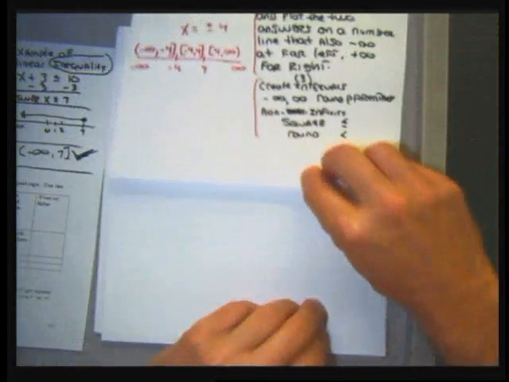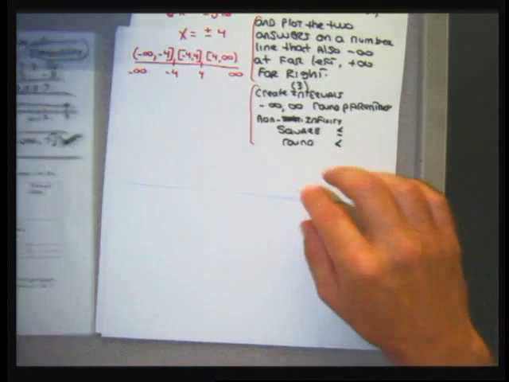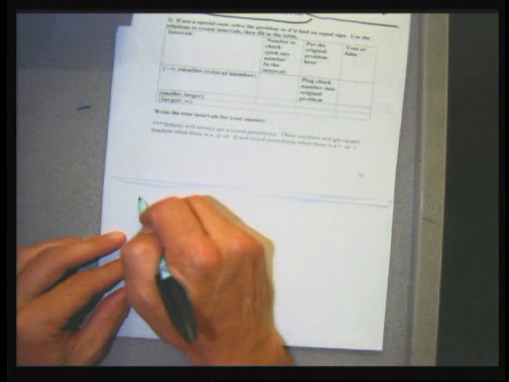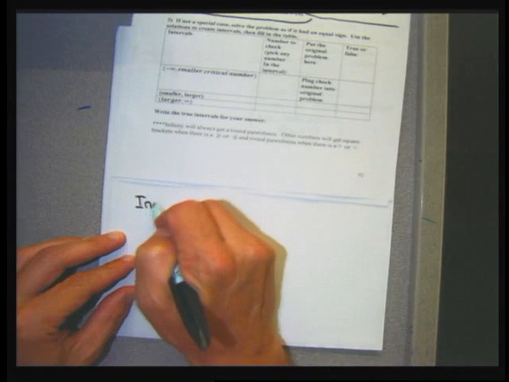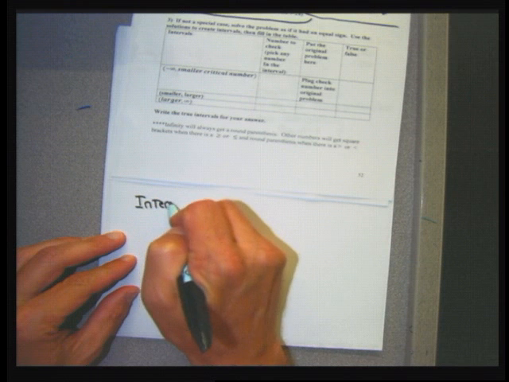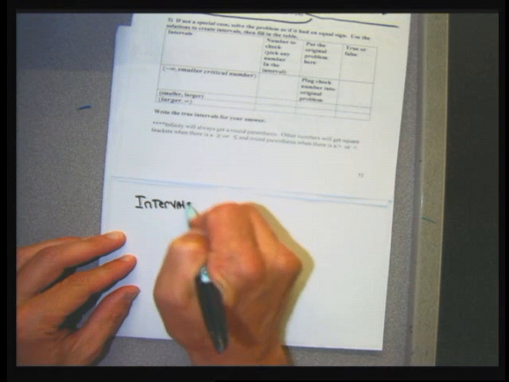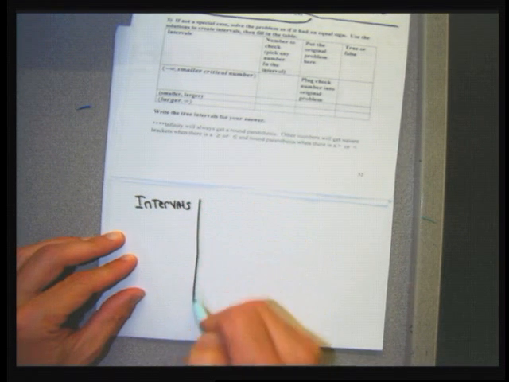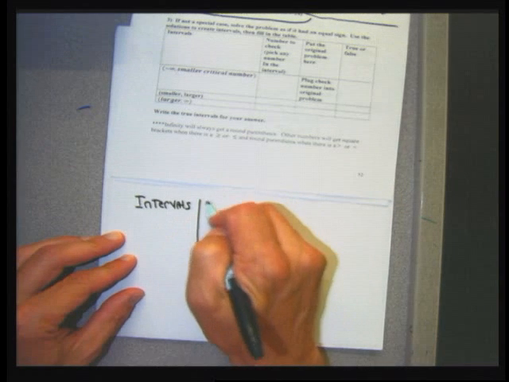So the next phase in this is to create a table, and my table is going to have names. The first column is going to say the intervals. The second column is going to just be test number.